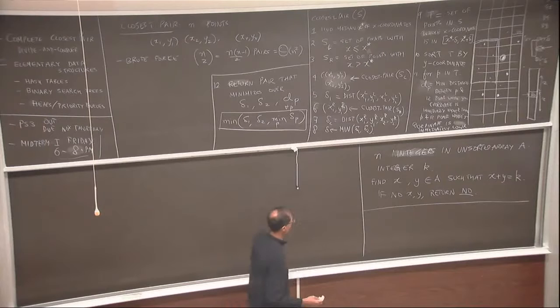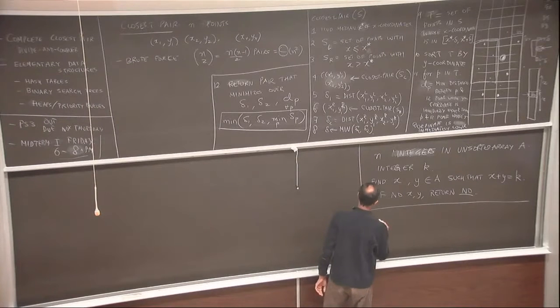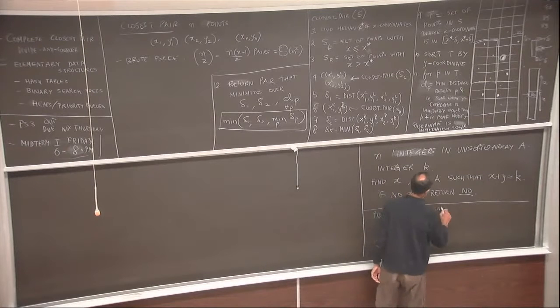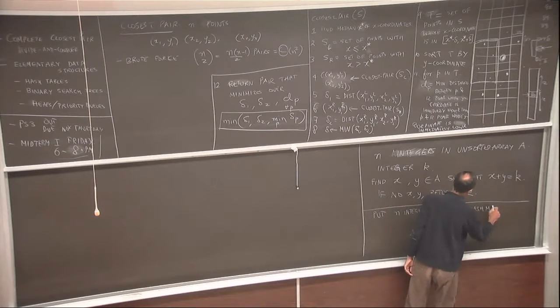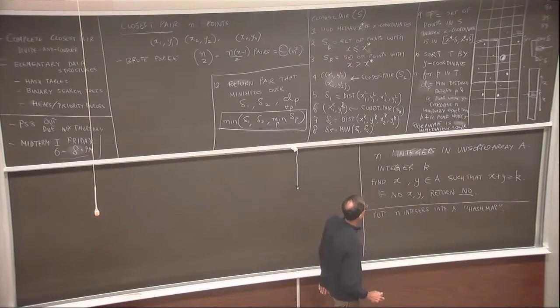So here is the algorithm. Put the n integers in a hash map.